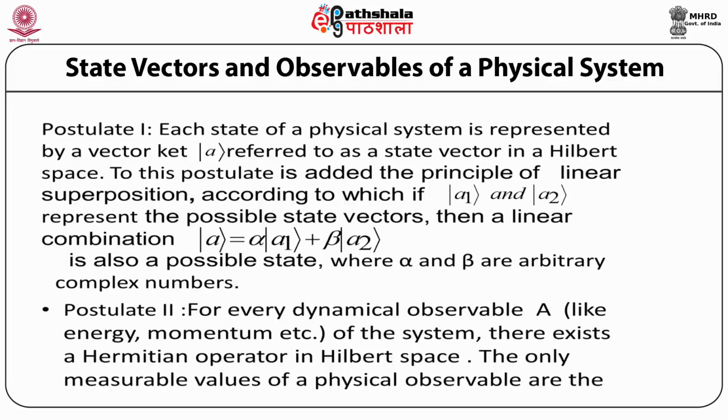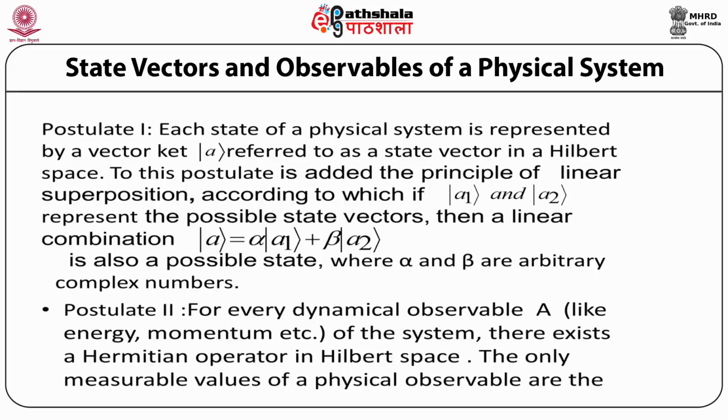To this postulate is added the principle of linear superposition, according to which if Ket vector A1 and Ket vector A2 represent the possible state vectors, then a linear combination of these two state vectors, that is Ket vector A, given as alpha times Ket vector A1 plus beta times Ket vector A2, is also a possible state, where alpha and beta are arbitrary complex numbers.